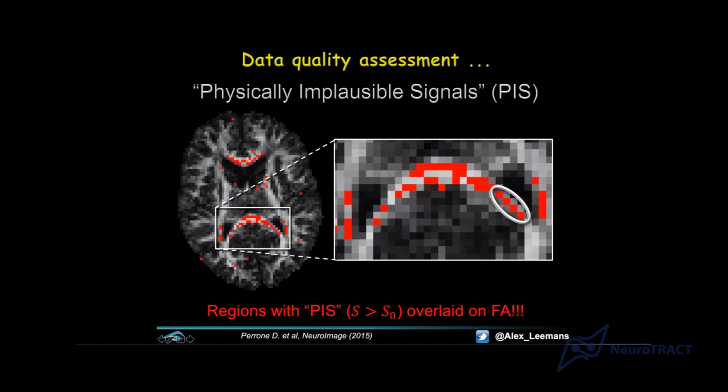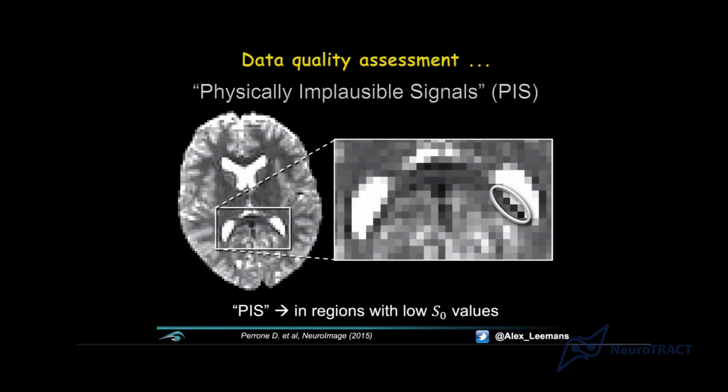That's why we show these red voxels. We just do a logical operator on our data: is there any diffusion weighted signal larger than a non-diffusion weighted signal? Put it to red. There you go. This is something we can acknowledge could indeed have occurred, because in this non-diffusion weighted signal map, there are really low values.